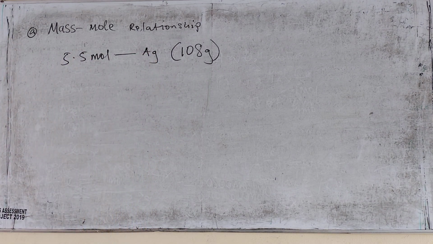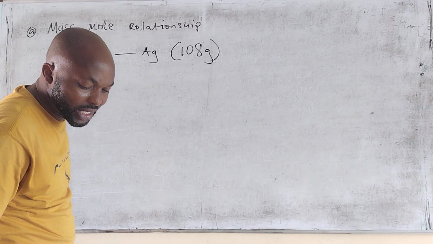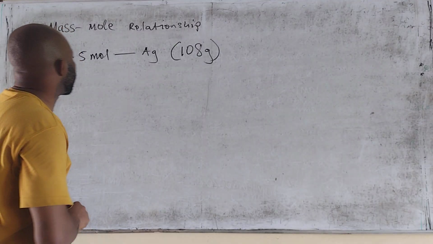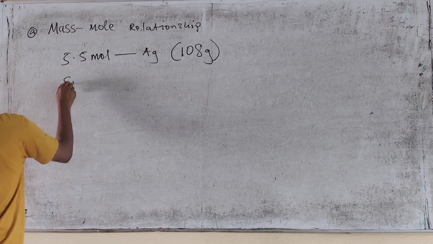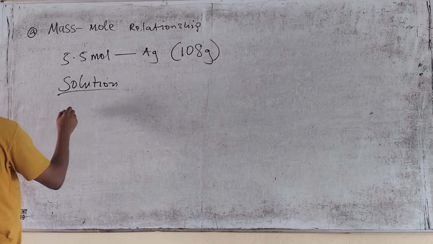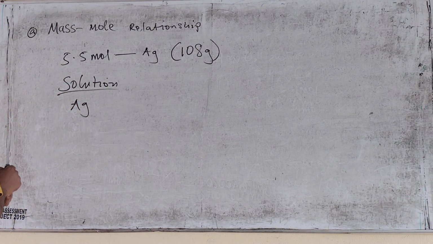So we're looking for its mass-mole relationship. Calculate in grams the masses of 5.5 moles of silver. So, solution. This is my silver. Let me establish. Remember, mass mole.